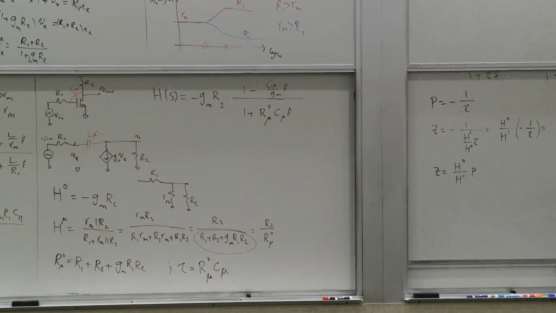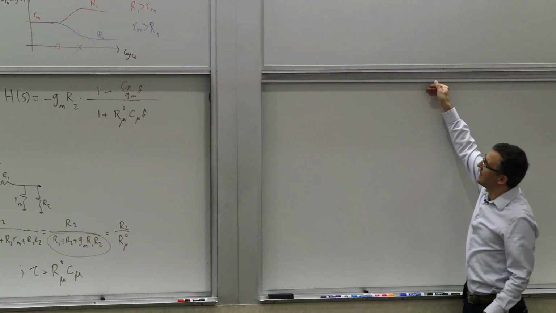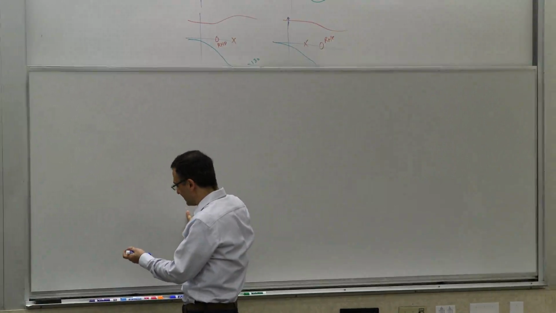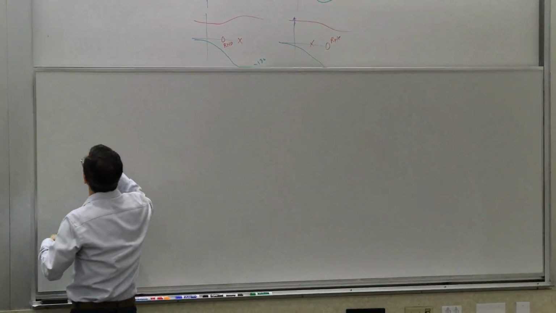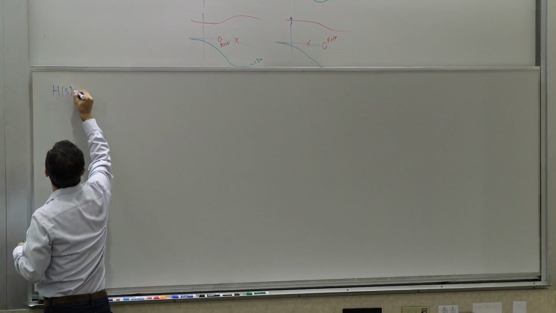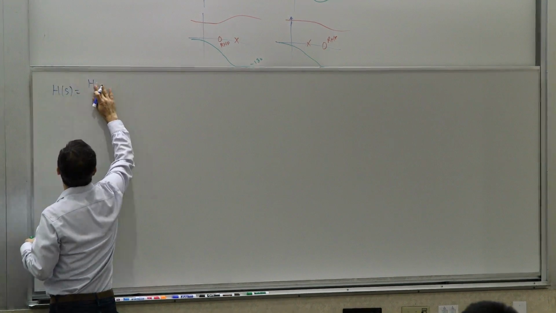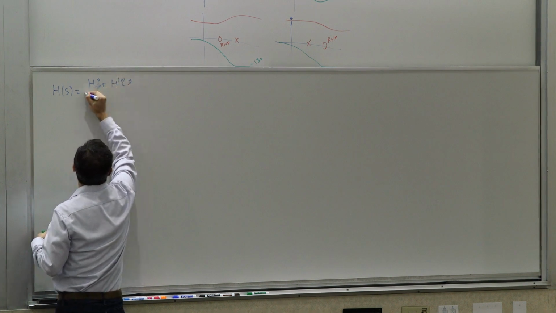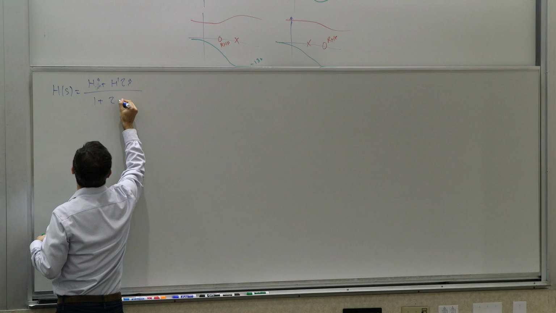So let's go back to where we were. The other part of this is the transfer function that we wrote in the following form, H(s) = (h0 + h1 tau s) / (1 + tau s).